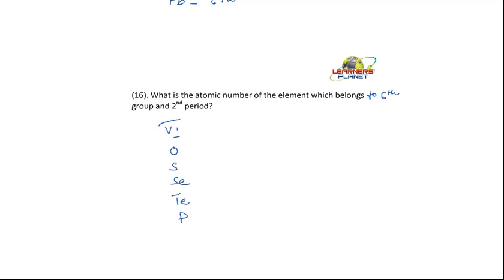They are oxygen, sulfur, selenium, tellurium and polonium. So this is your 2nd period, the 3rd period, the 4th period, the 5th period and the 6th period. So what is the element present here, students? It is oxygen.